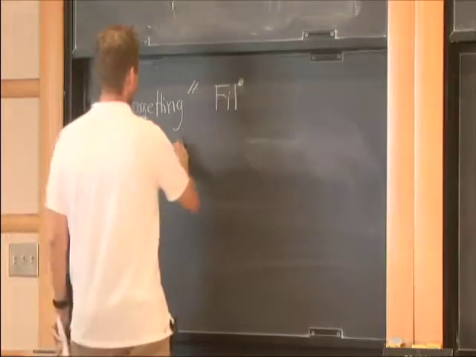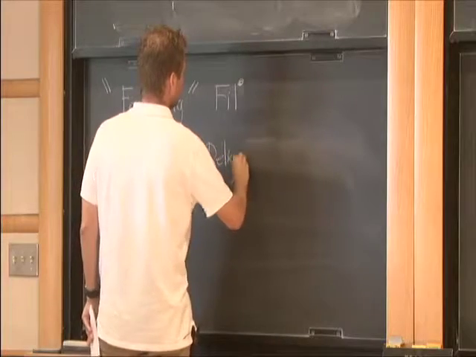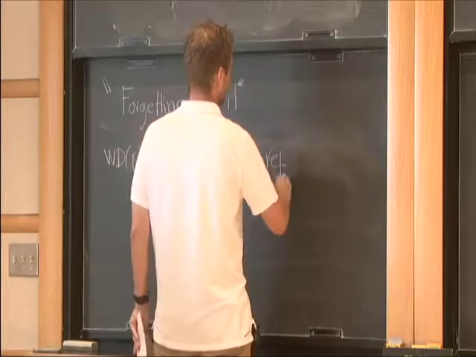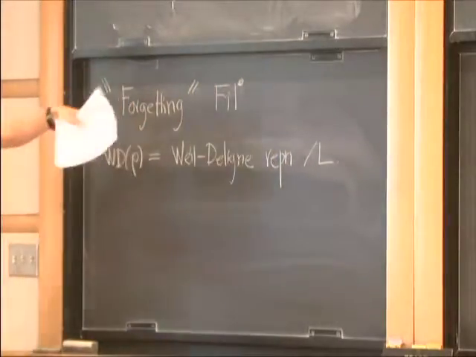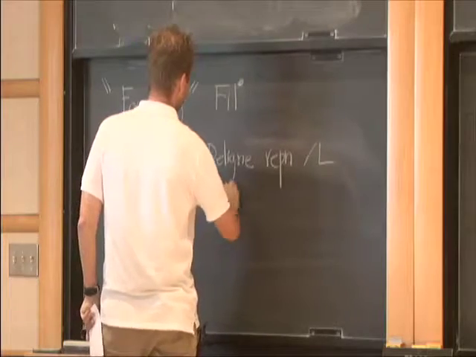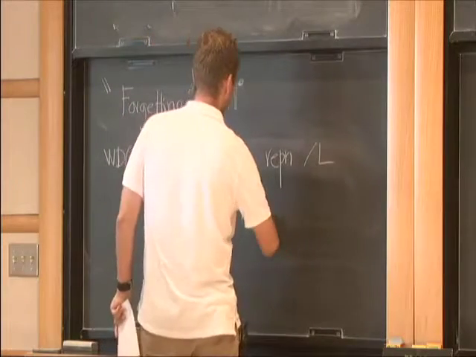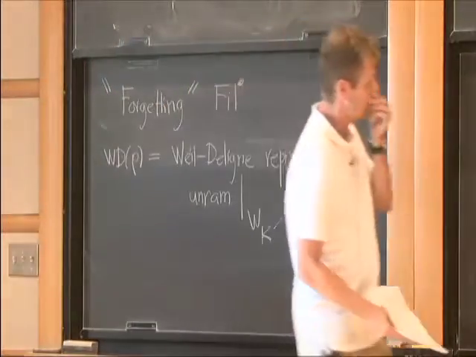So this is a Weil-Deligne representation, n-dimensional over L, which becomes unramified when we restrict it to K prime. So this is this guy.